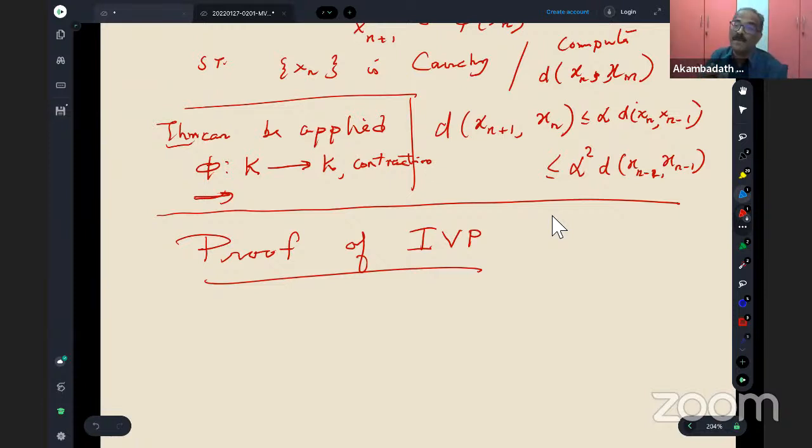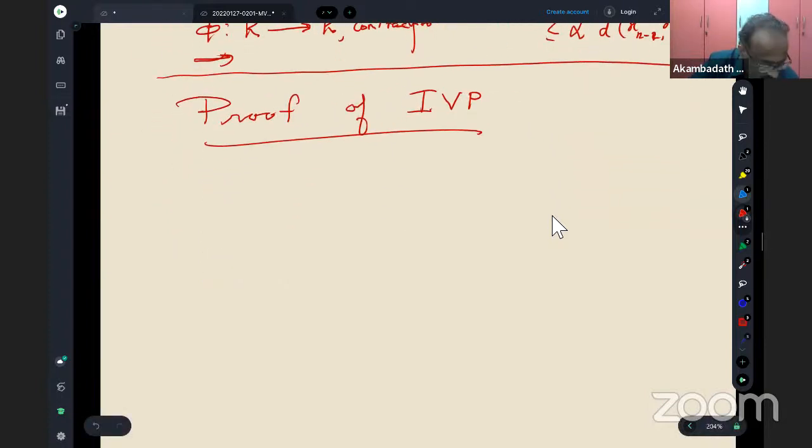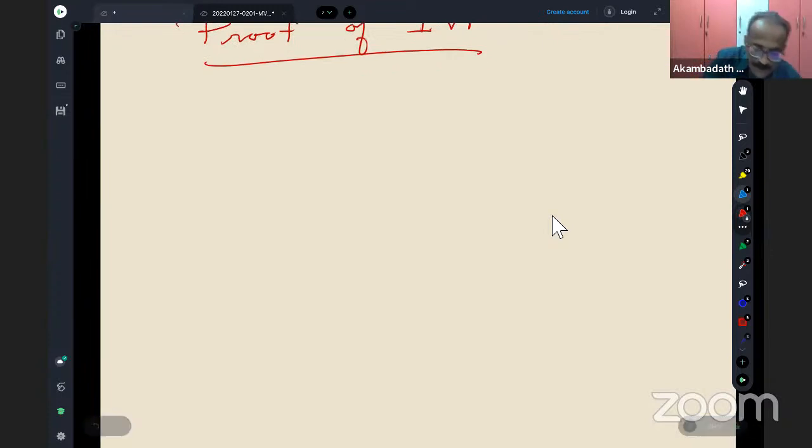It should be a self map on a compact set. That's why it's got a fixed point, from 0, 1 to 0, 1. It's a self map. But there you don't need a contraction. Any map from 0, 1 to 0, 1, you get it. Okay, this is what we are proving here. That's a fixed point.